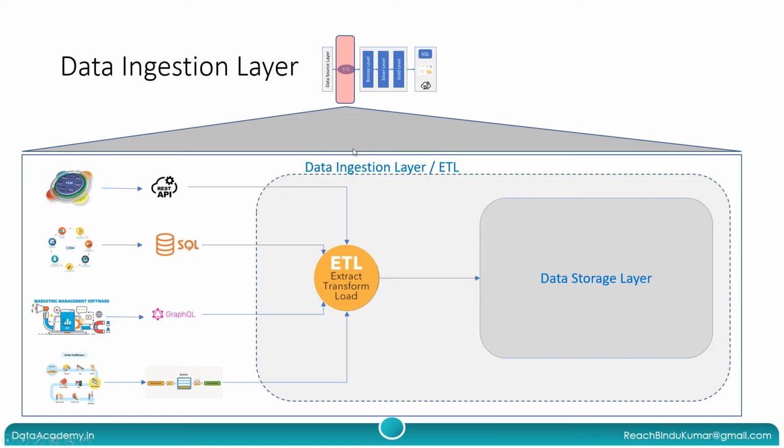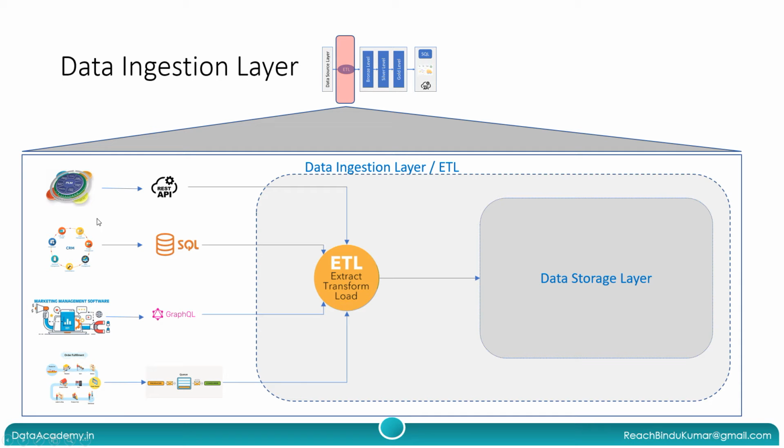Now let's move on to the data ingestion layer or the ETL. So in the previous picture, you saw this ETL as a process, right? You can call it ETL or you can also call it data ingestion layer. So this is the layer where the data is collected from these systems that generate the data, or from the data source layer.